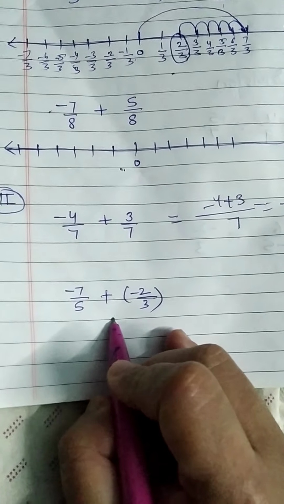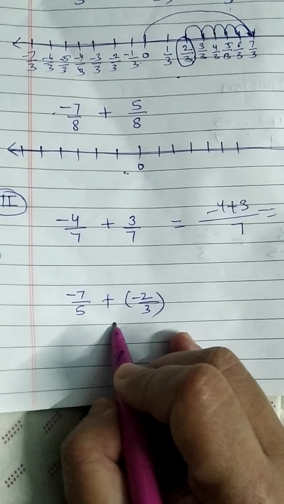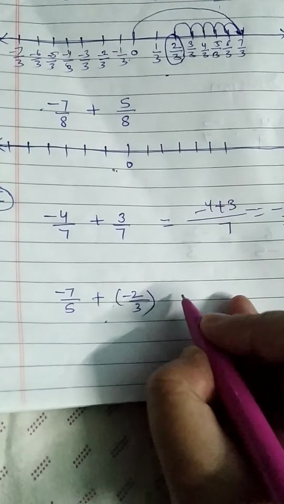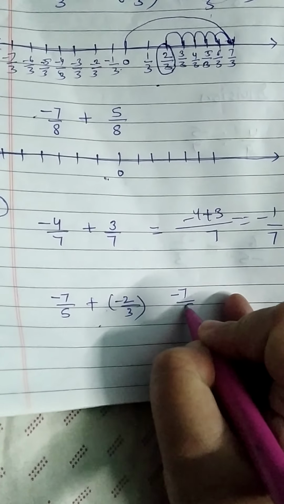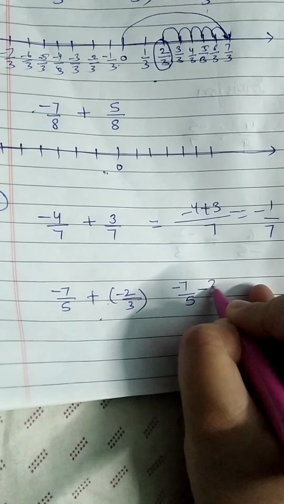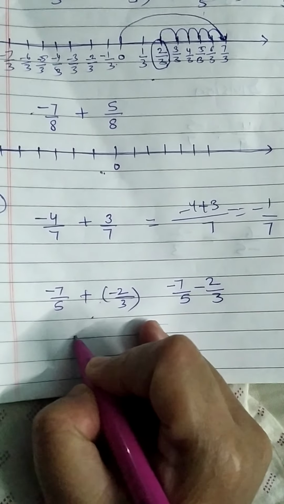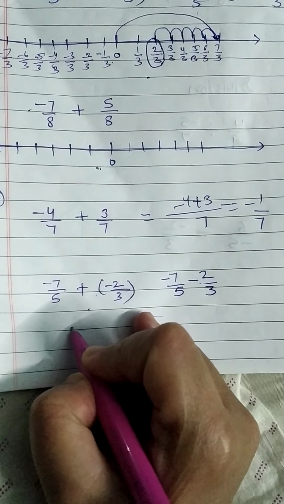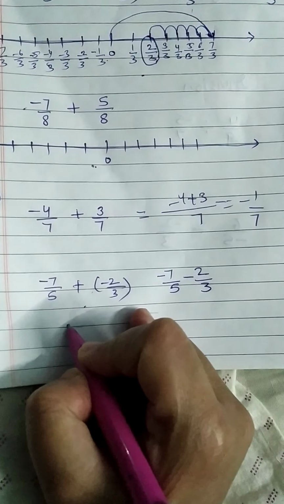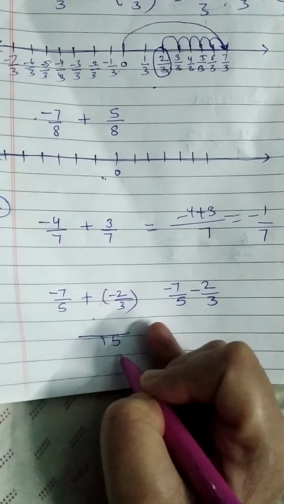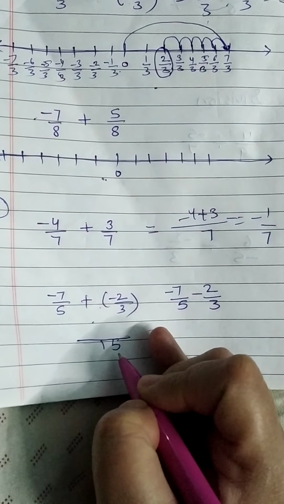If I take minus 7 by 5 plus minus 2 by 3, first we will open the bracket. That is the rule of BODMAS also. Hope you all know. Minus 7 by 5 minus 2 by 3. Again the same process of fractions. What we used to do in fractions, take the LCM. 5 and 3 LCM will be 15.